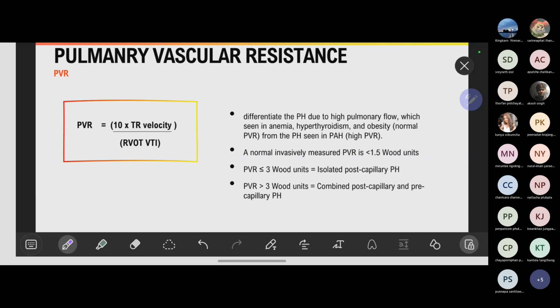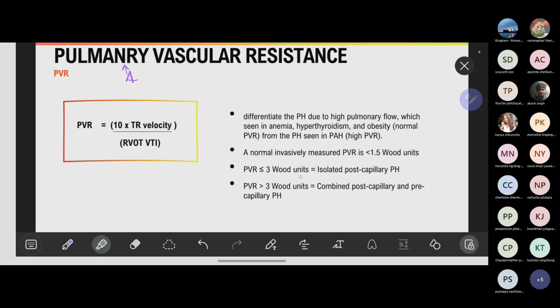This is pulmonary vascular resistance. Pulmonary vascular resistance is helpful to differentiate pulmonary hypertension due to high pulmonary flow, which may be seen in anemia, hyperthyroidism, and obesity, from pulmonary hypertension seen in pulmonary arterial hypertension.